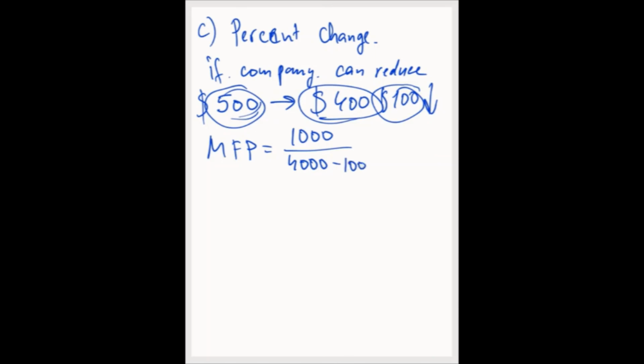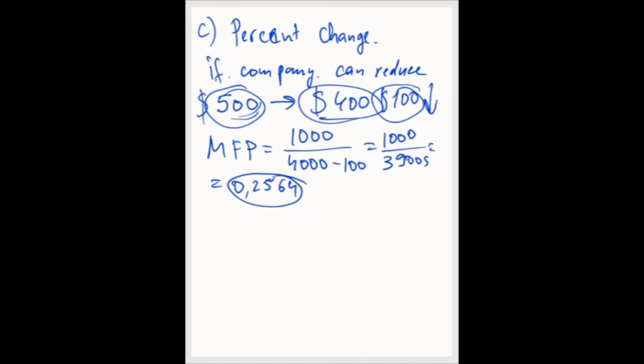So we have $3,900. If we calculate this, we can achieve such kind of number, 0.2564.